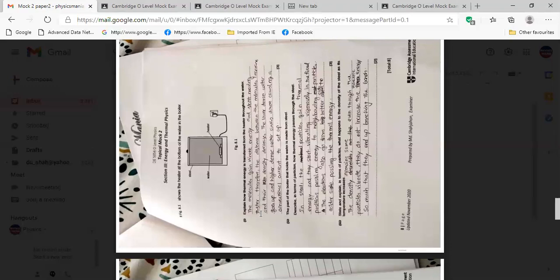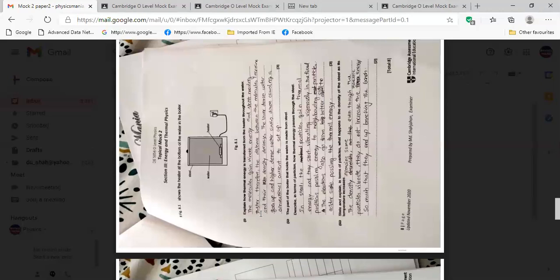Yes, correct. So you got 3 marks here, no problem. Next they are asking about the steel. The part of the boiler that holds the water is made from steel. Describe in terms of particles how thermal energy passes through the steel.